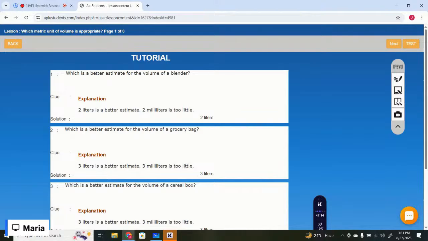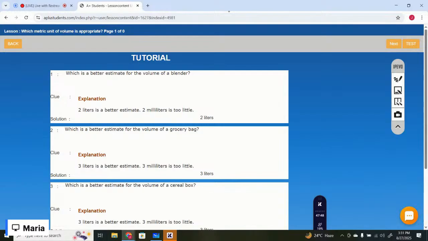Which is a better estimate for the volume of a blender? 2 liters is the best estimate. 2 milliliters is too little, so the volume of the blender would be 2 liters.